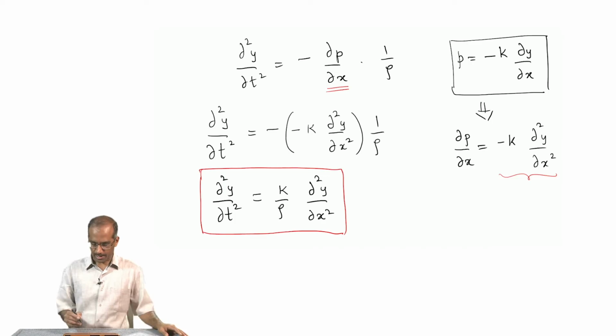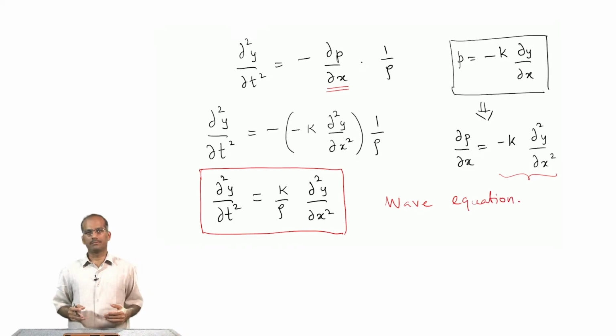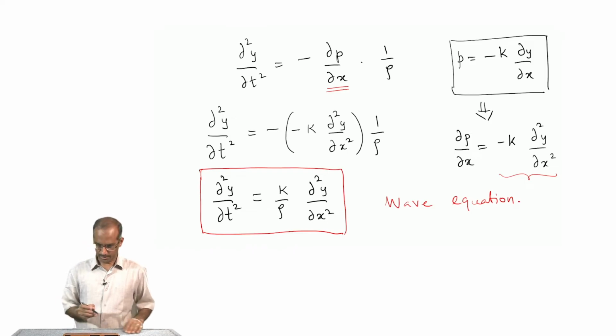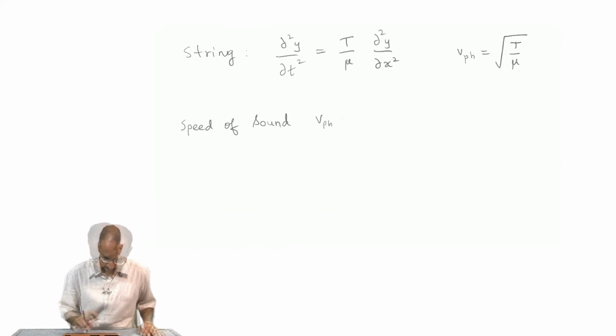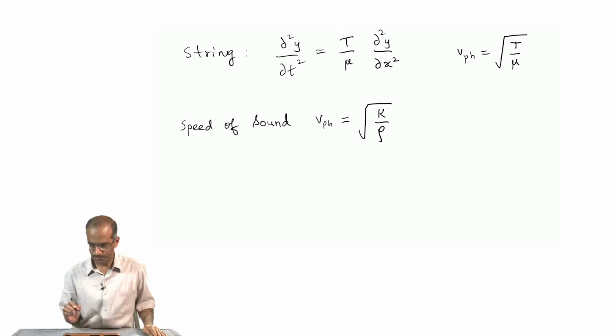So, again what we have is indeed a wave equation, and given that it is a wave equation, we also straight away know what is the velocity of the wave that this equation represents. Let us do that immediately, and that is equal to the square root of k by rho.